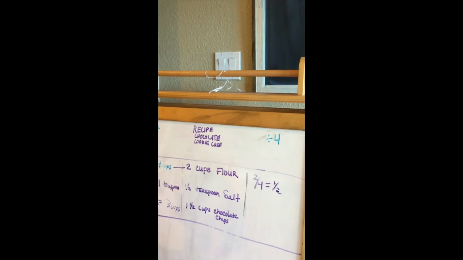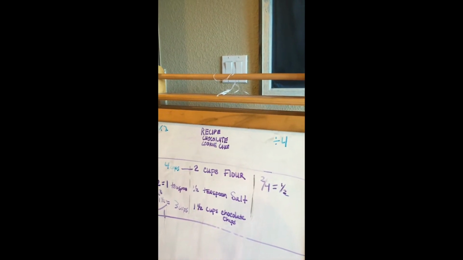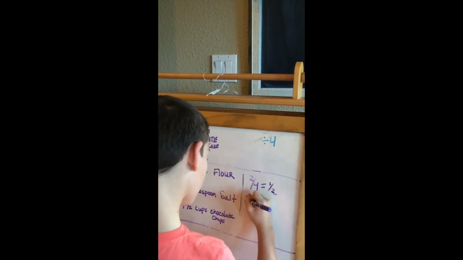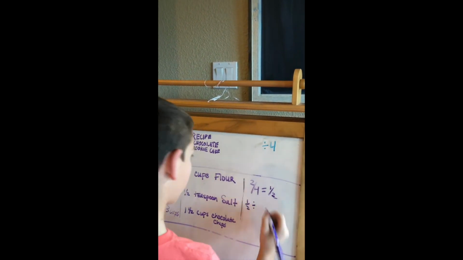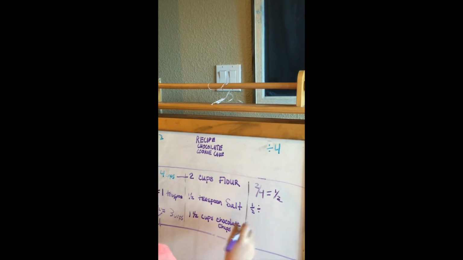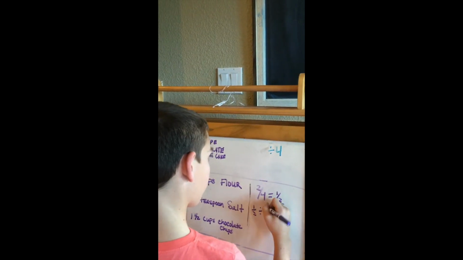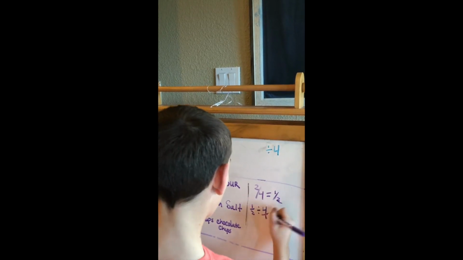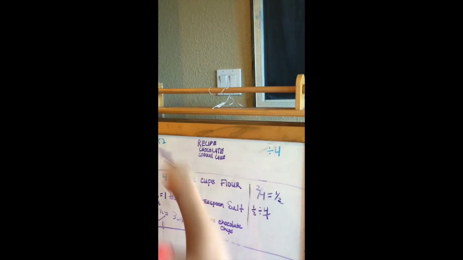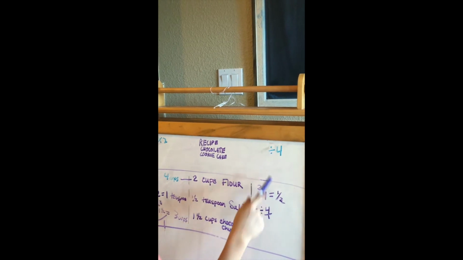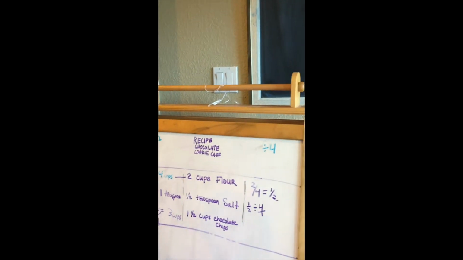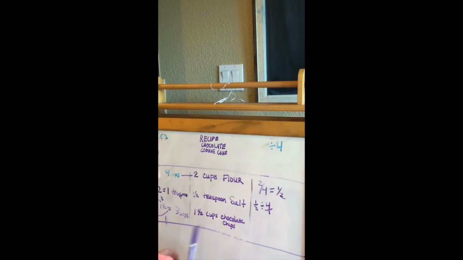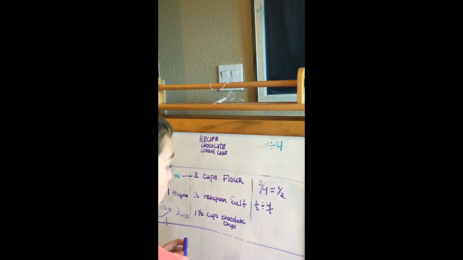And then for salt, you can divide that by 4. So 1/2 divided by 4, and since it's a fraction, you can do 1/2 divided by 4 over 1, because 4 divided by 1 is 4, so that's where you get 4. And then you can use the keep, change, flip strategy.